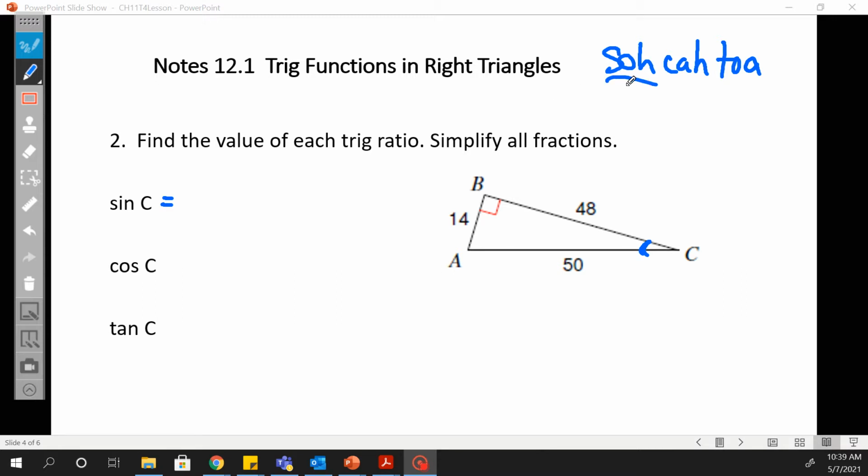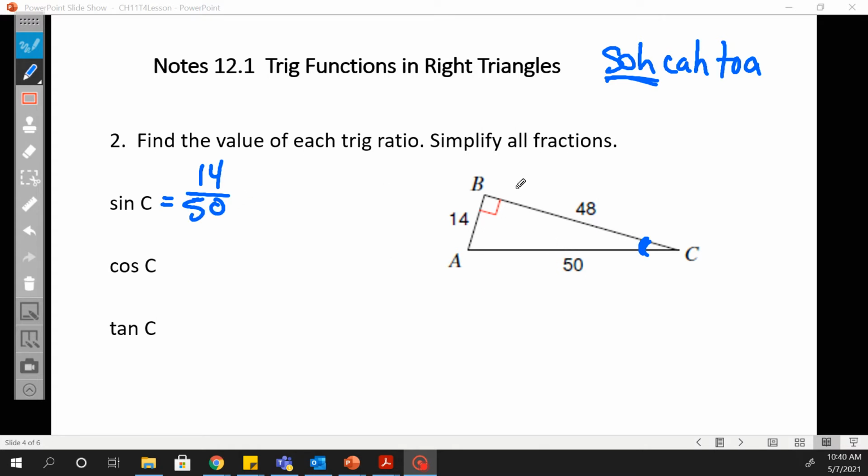So sine would be opposite over hypotenuse. We're looking at angle C, so the opposite side is 14, and the hypotenuse is 50.